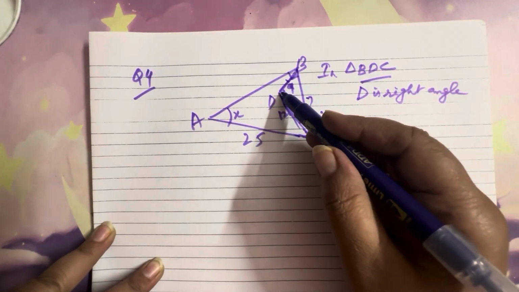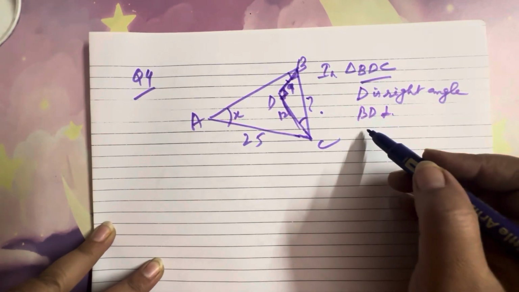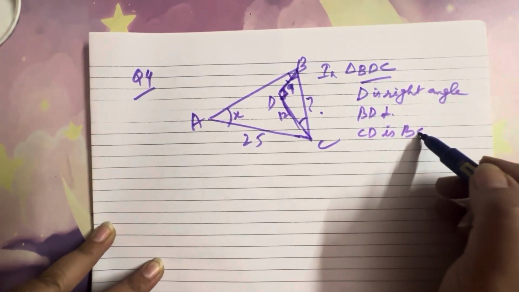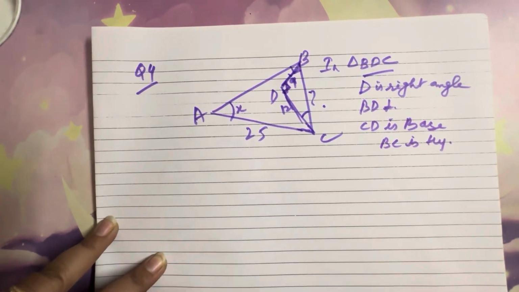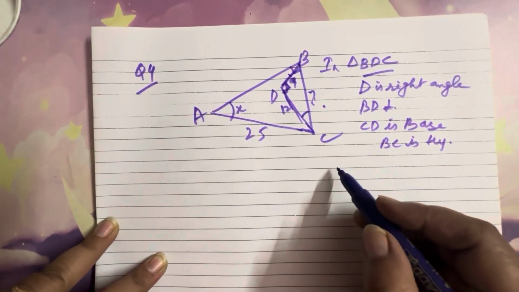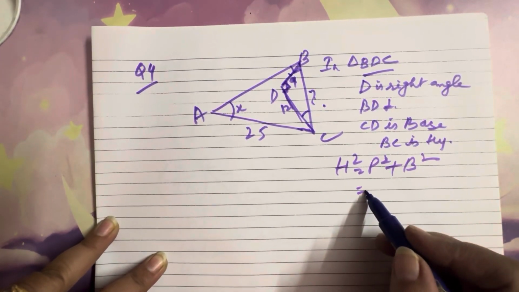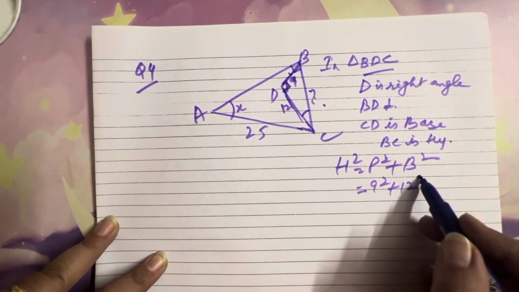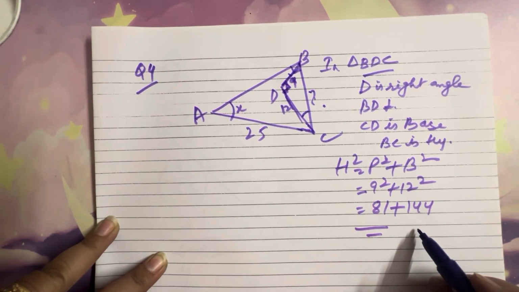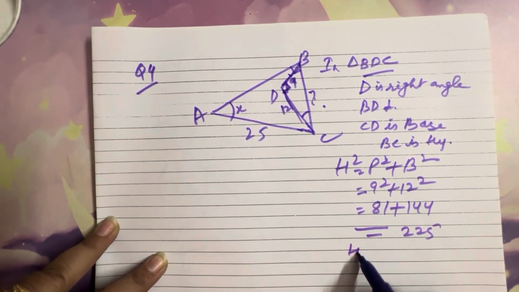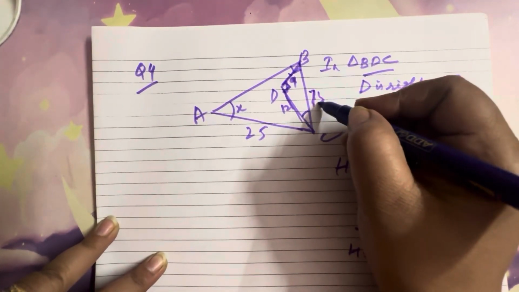So if D is the right angle, then BD is the perpendicular, CD is the base and BC is the hypotenuse. We have to find the hypotenuse. Hypotenuse square is equal to perpendicular square plus base square. Perpendicular is 9 square plus base is 12 square. 81 plus 144 will come 225. So hypotenuse is under root of 225, that will be 15. So this side will be 15.